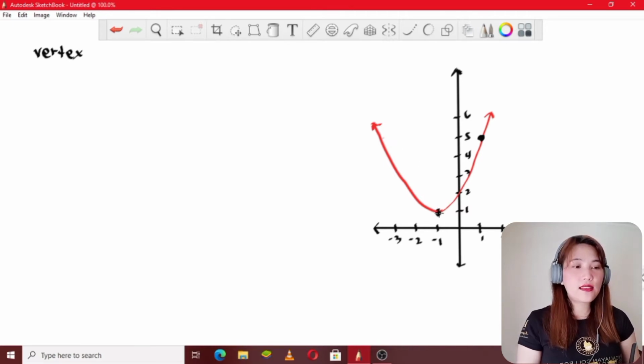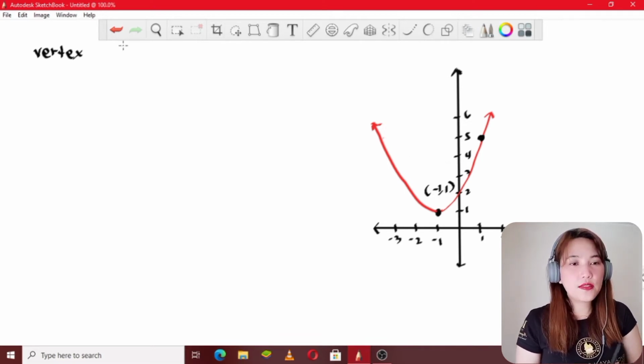Then kunin natin yung kanyang coordinates. At yun ay negative 1, 1. So, the vertex in this graph is negative 1, 1.